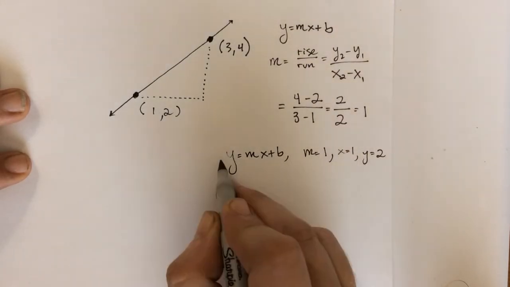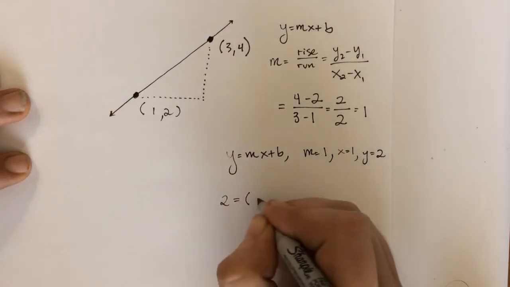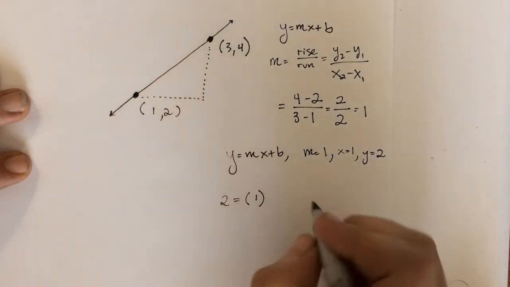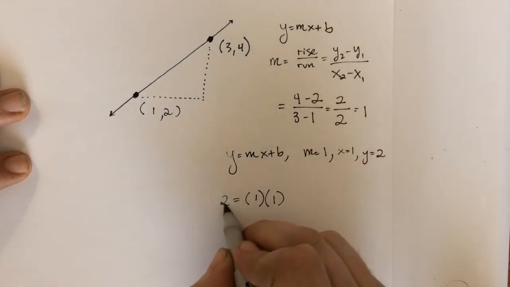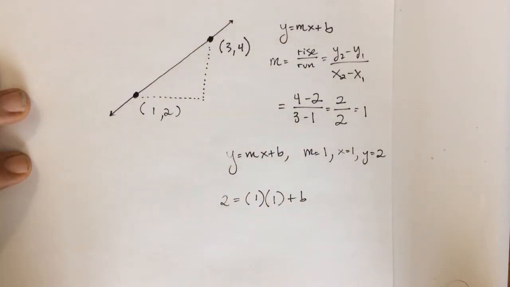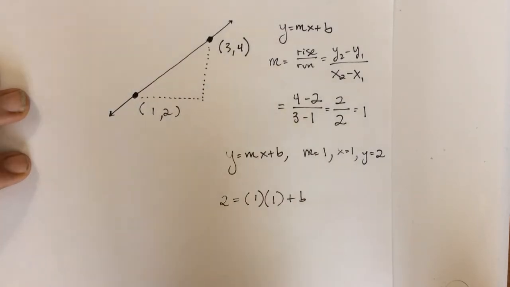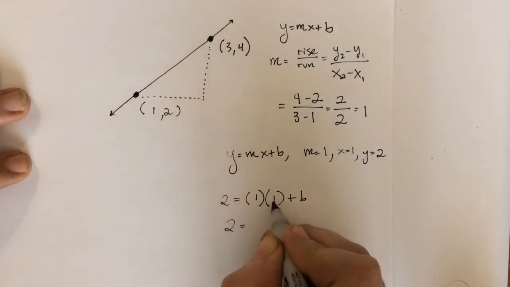I'm going to put a y in. That's 2. My value of m is 1. My value of x is 1. So notice this is y equals mx plus b. I don't know what b is. But now I can find out what b is because I have an equation with a b in it. So I'm going to simplify. I get 2 equals 1 times 1.